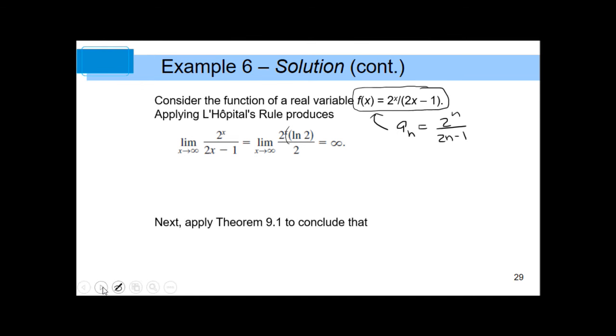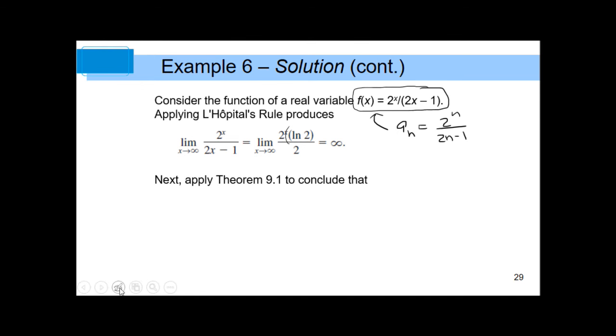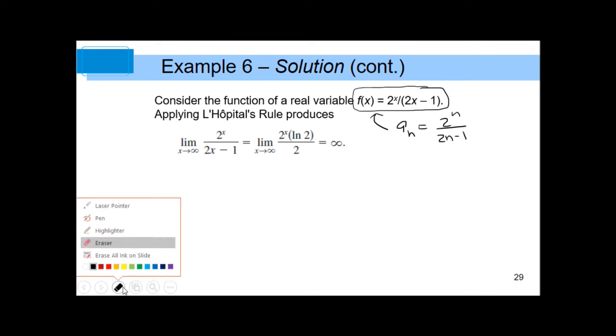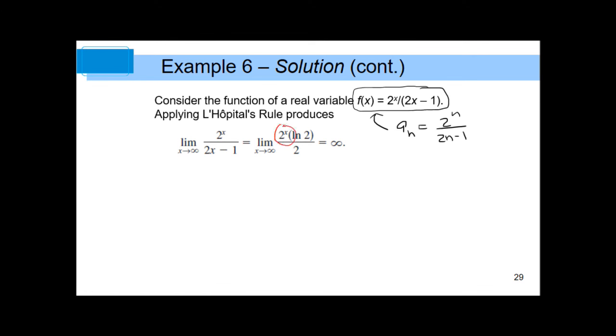So we're multiplying 2 to the x times some number, but when you allow the exponent to increase without bound, then 2 to the x is going to go to infinity. So this guy is going to infinity.